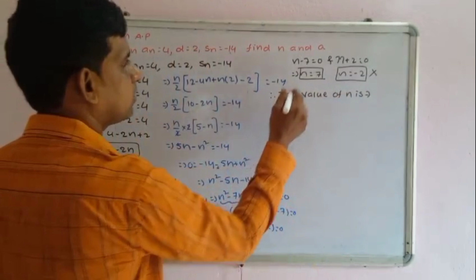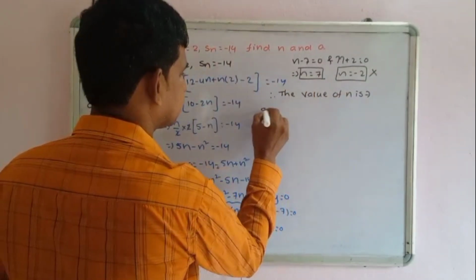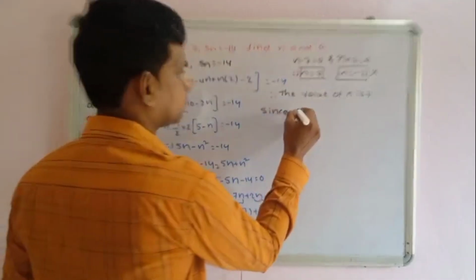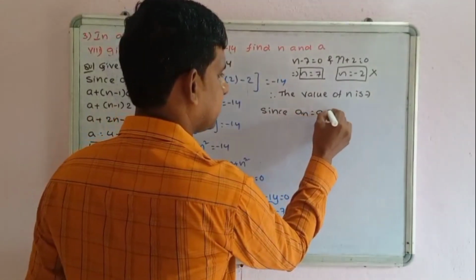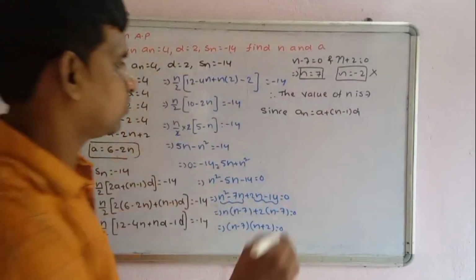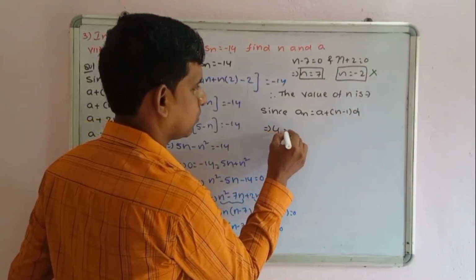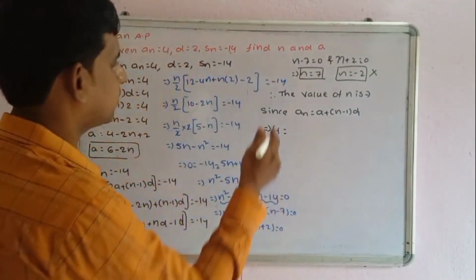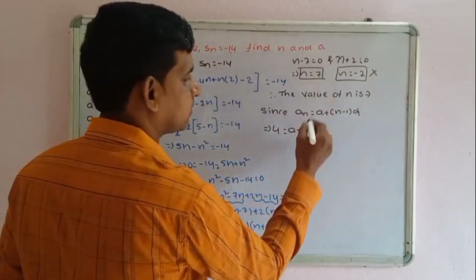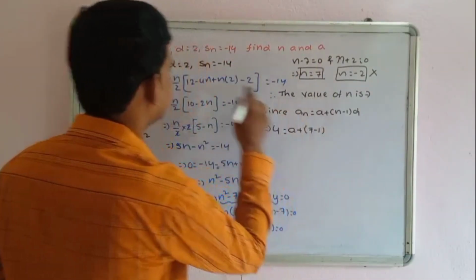Now we will find the value of a. Since an equals a plus (n minus 1) into d. Here the an value is 4. We don't know the value of a; we will find that. a plus (n minus 1), n is nothing but 7, 7 minus 1, and d value is 2.